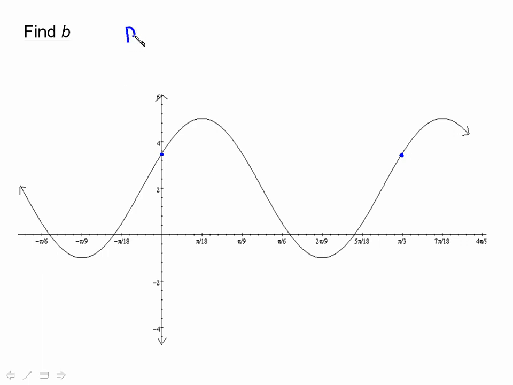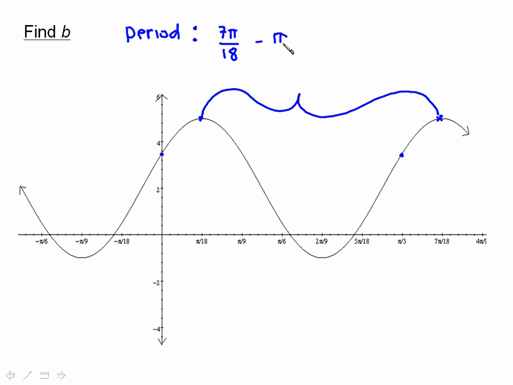And the period, if you go crest to crest, say from this point to this point, we can do it mathematically. And we don't require a lot of eyeballing, because the one crest is 7 pi over 18, and then the other one is pi over 18, so that will give us 6 pi over 18.